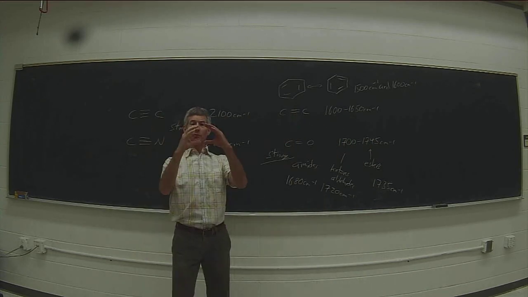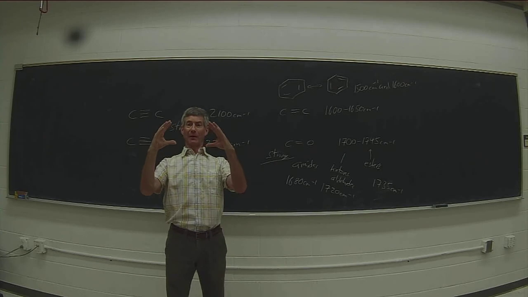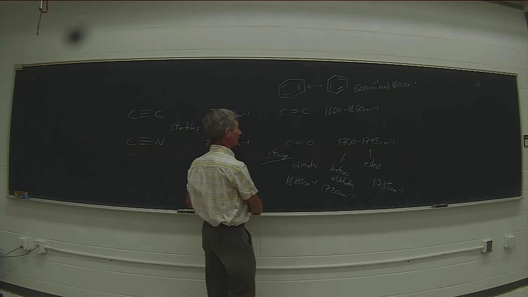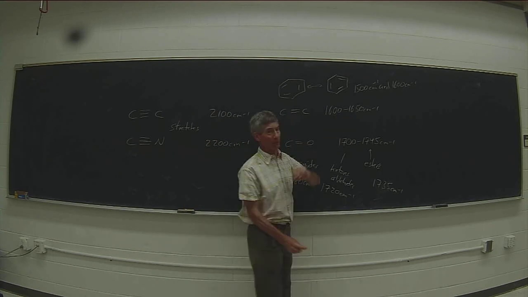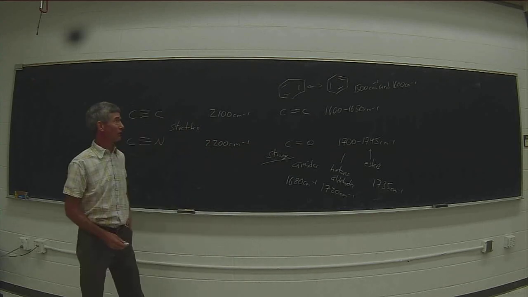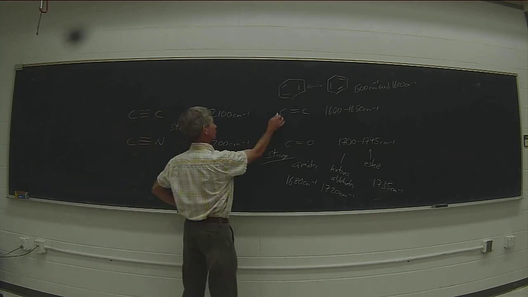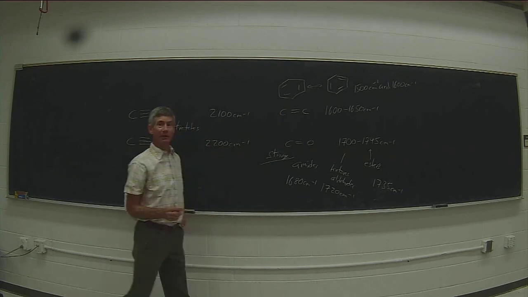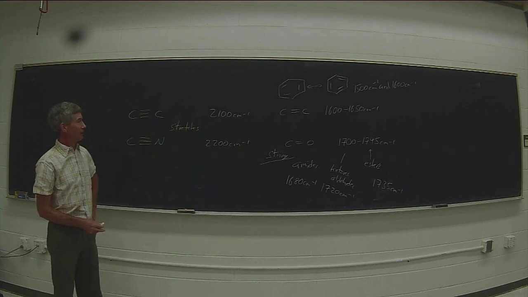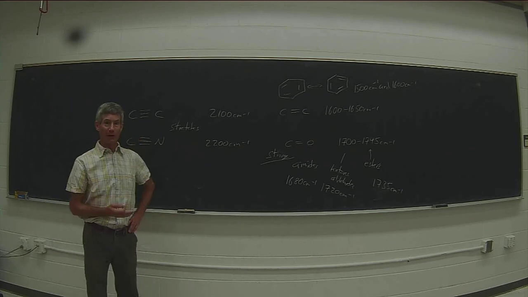And that's the ring breathing. It's the whole ring kind of expanding and contracting and expanding and contracting like a pair of bubbles. You'll only see one peak if it's a CC double bond from an alkene. You'll see distinctly those two peaks at 1500 and 1600. And in both cases, you should also see that peak at about 3050 for the sp2 CH bond. So those are distinctive peaks that you can identify.